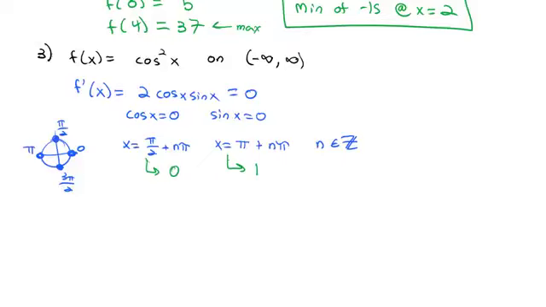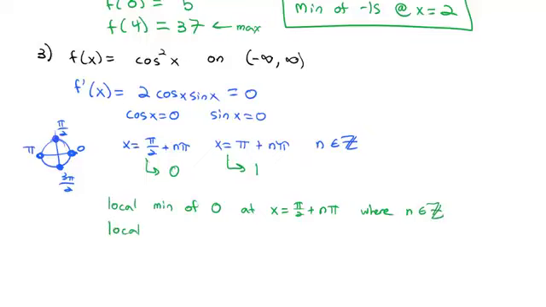So we're going to have not an absolute max or an absolute min because it doesn't peak out, but we do get these relative maximums and relative minimums. So we can say the relative, or not relative, but local minimum of 0 at x equals pi over 2 plus n pi, where n is an element of the integers.